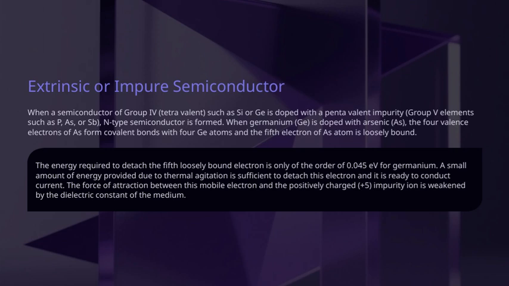The 5th electron, however, is loosely bound because it doesn't have a full bonding role. This 5th electron can easily be freed with a small amount of energy, contributing to electrical conductivity. In essence, this doping process introduces extra electrons into the system, enhancing the material's ability to conduct electricity, an essential aspect of how semiconductor devices function.